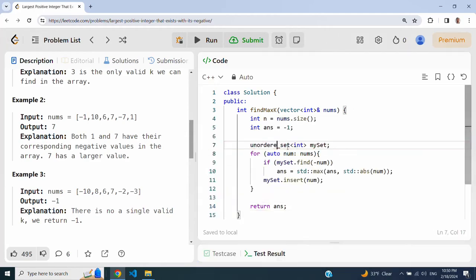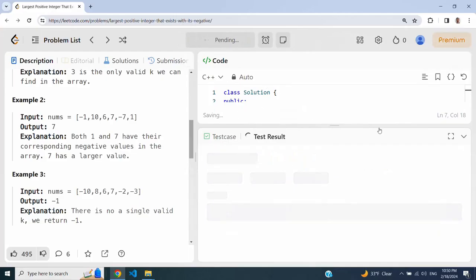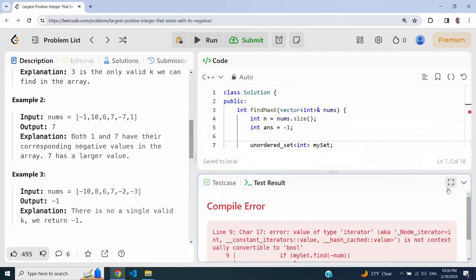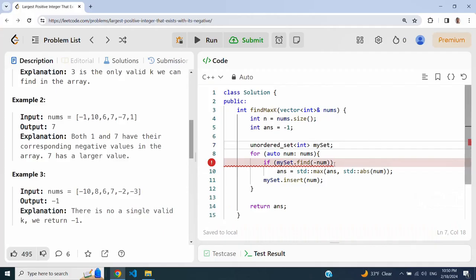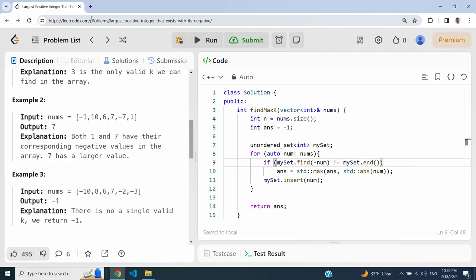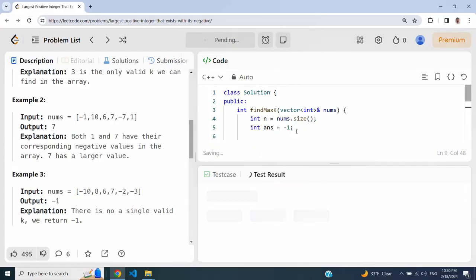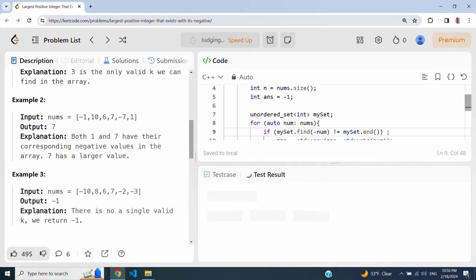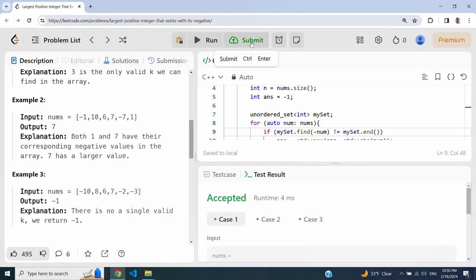This is an unordered set, but now we're reducing the running time of the code to expected order 1 per operation. Oh, I should have said is not equal to my set dot end. There are two ways to check whether the set contains a number in C++. This is one way. Let me run it, and then I'm going to show you the other way.